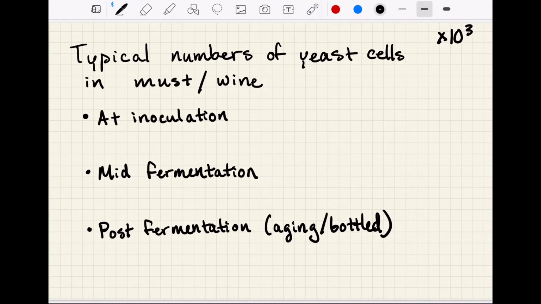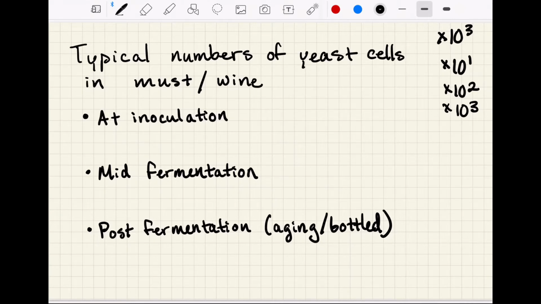Multiplying by 10 to the first means multiplying by 10. Multiplying by 10 to the second means multiplying by 100. Multiplying by 10 to the third means multiplying by 1,000, and so on. If that doesn't make sense, it's okay. I'll show you an example on the first one.